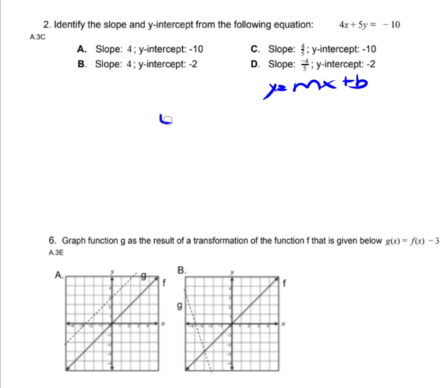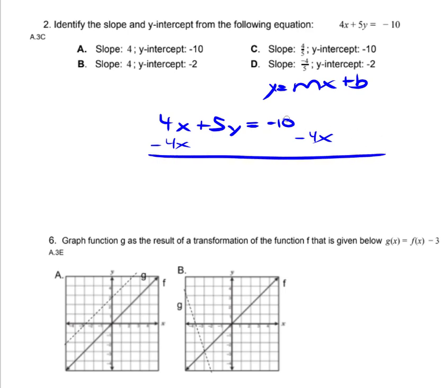So if I start with 4x plus 5y is equal to negative 10, the first thing I want to do is solve for y. I'm going to start by subtracting 4x from both sides to get my y term alone. I want you to remember that you cannot combine these two.